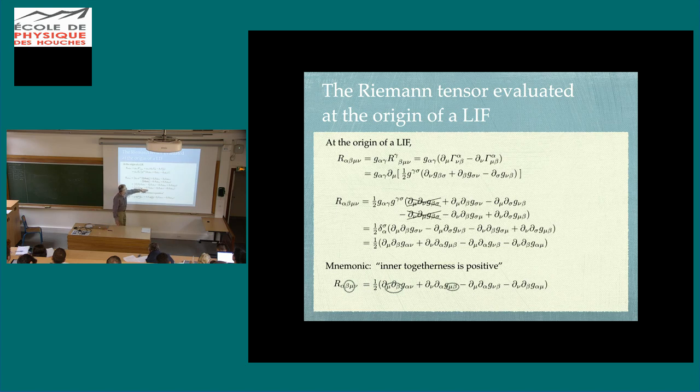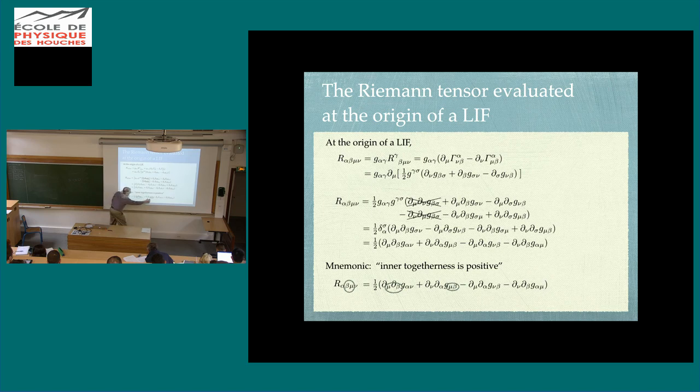And you get this nice four-term expression for what the Riemann tensor is at the origin of a locally inertial frame. And here, there's another mnemonic, which is inner togetherness is positive. What I mean by that is here are the two inner indices of the Riemann tensor.